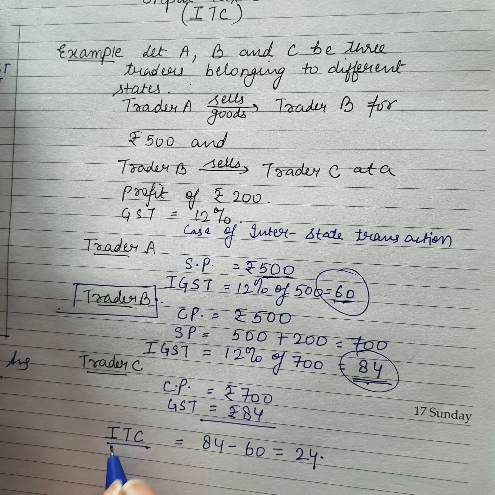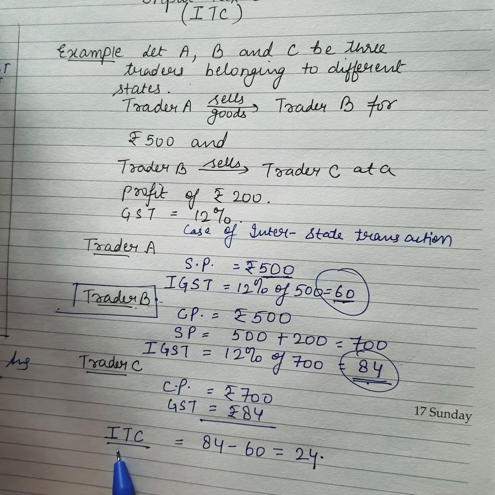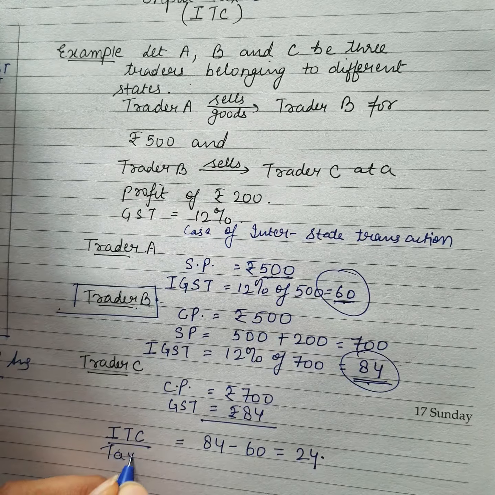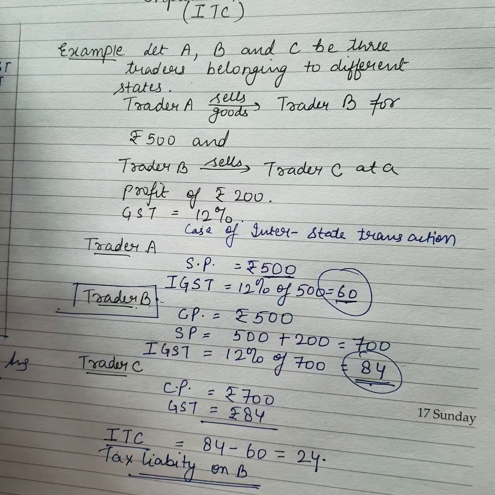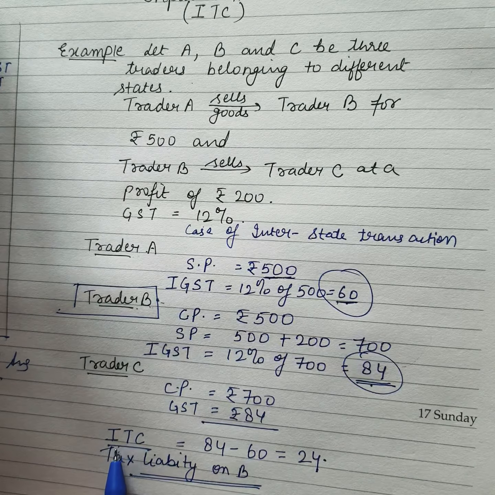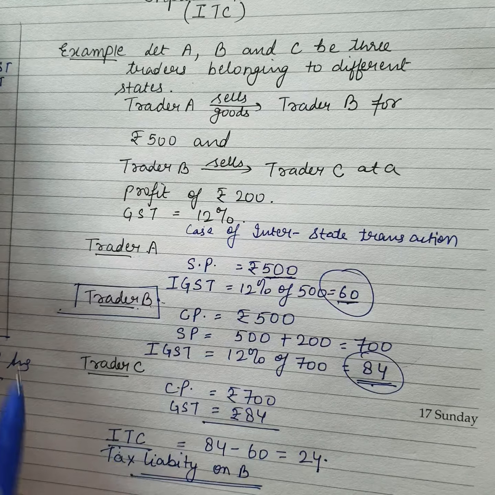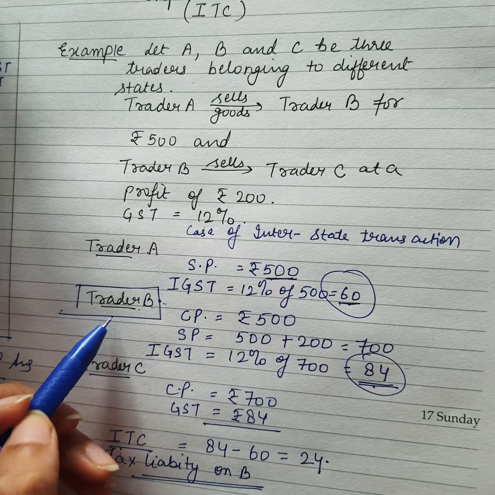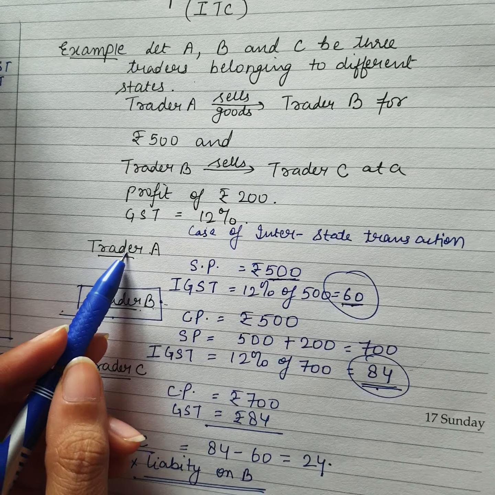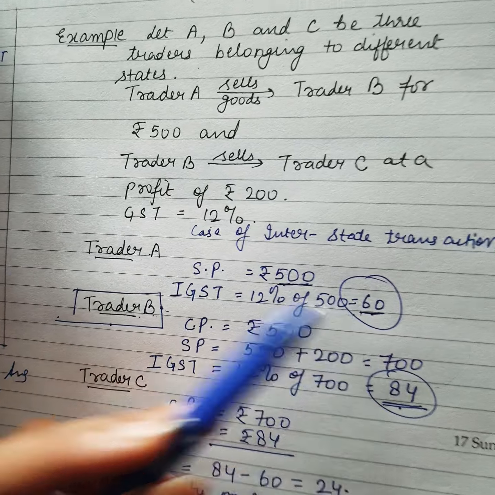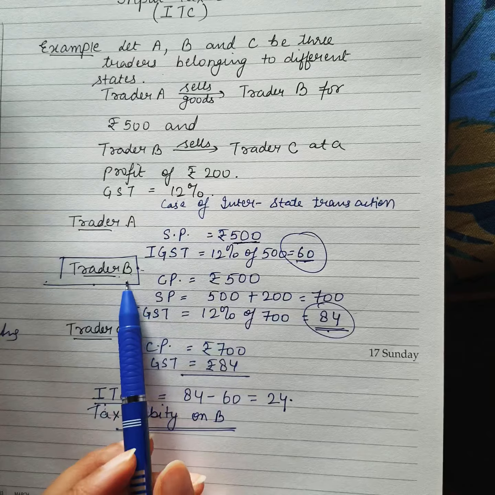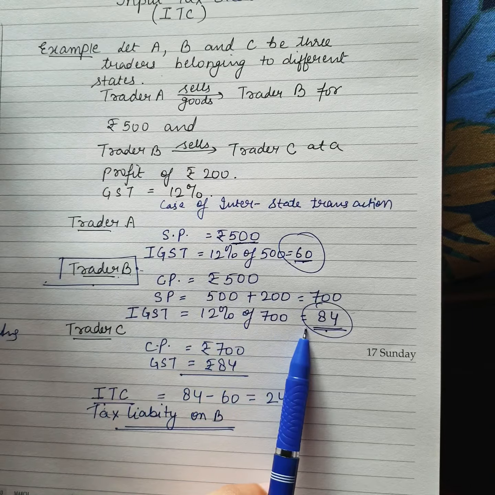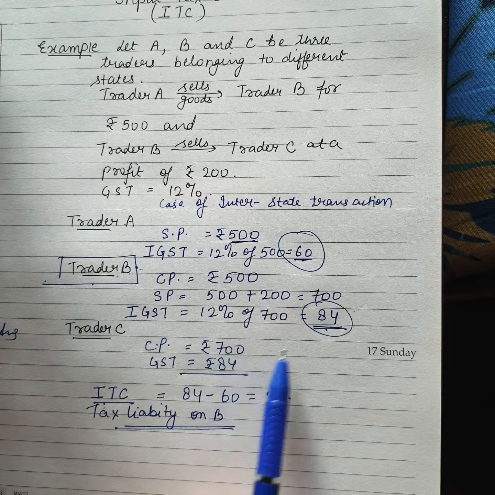Understood this point? This tax liability on B, the middle party, is always paid as the input tax credit. That means, let us see again, the middle party has purchased the goods at this GST and while charging the GST from the other party, he is charging rupees 84.